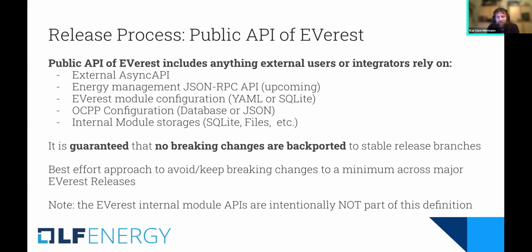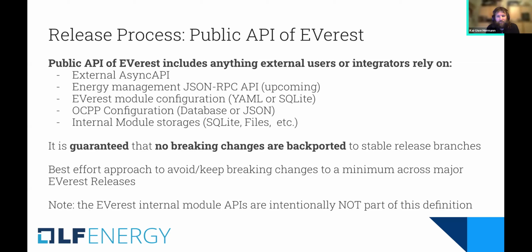It includes the EVerest module configuration. So basically, adding new configuration keys into your config that would break the required configs wouldn't be allowed in a stable branch, for example, if you backport something.